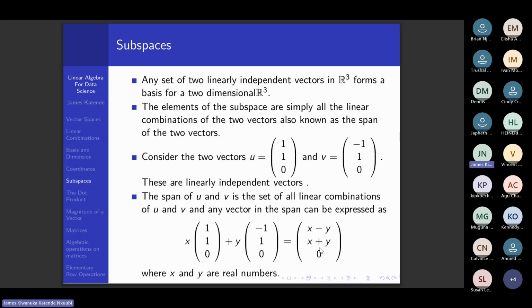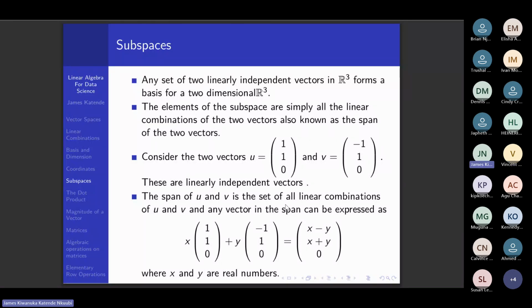So you need to fix two parameters. Once you fix them and construct them like this, you'll have constructed a vector in the space that is spanned by U and V. So these two vectors U and V form a basis for this space.